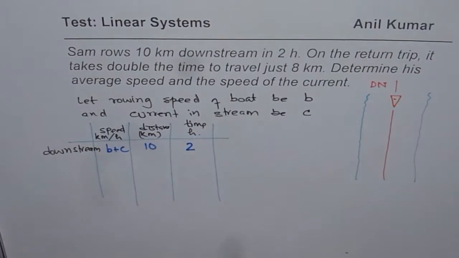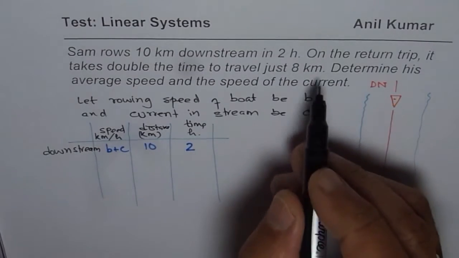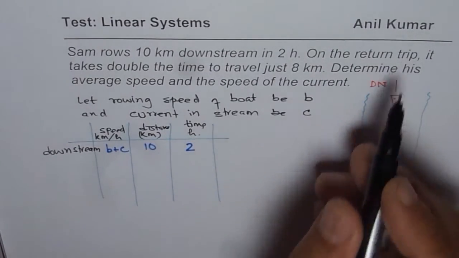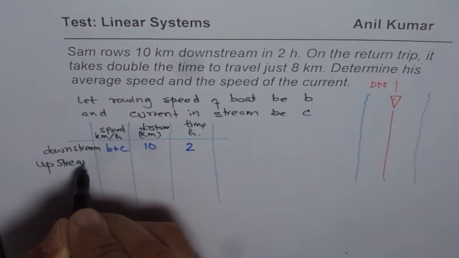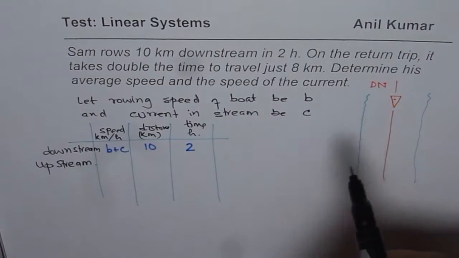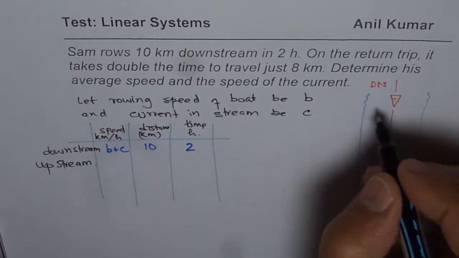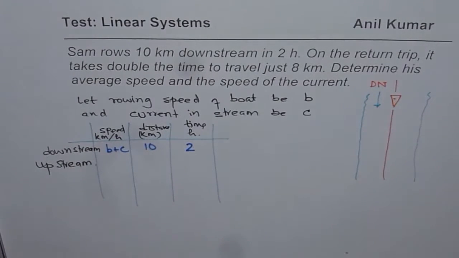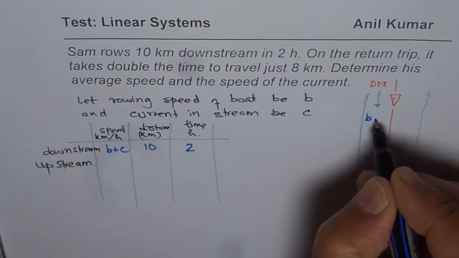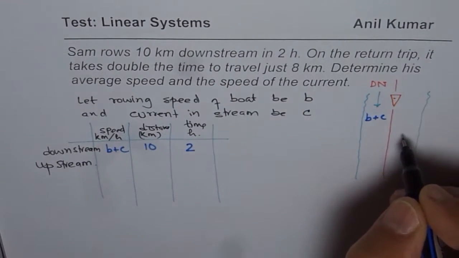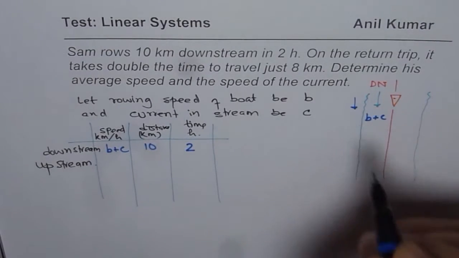Do you see that? Now, let's see the next statement, that is on return. That means upstream, right? When you go downstream, the speed is higher since the water current helps to move the boat faster, because water is flowing downwards.